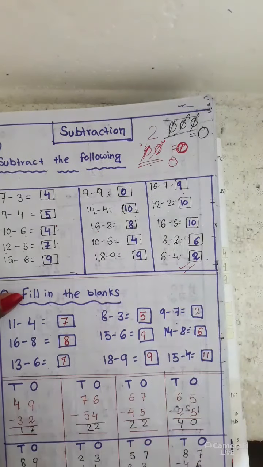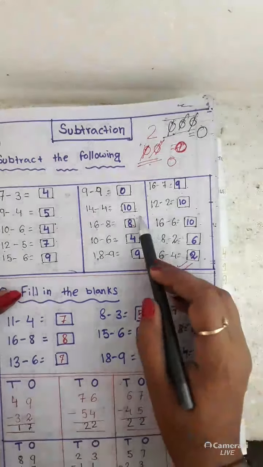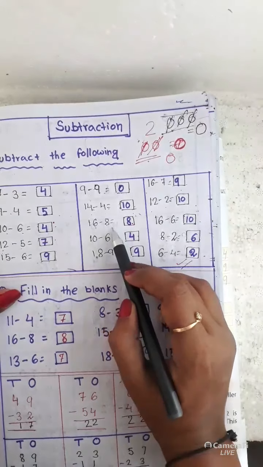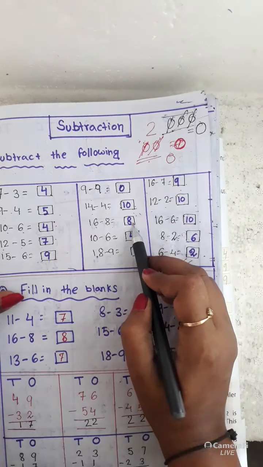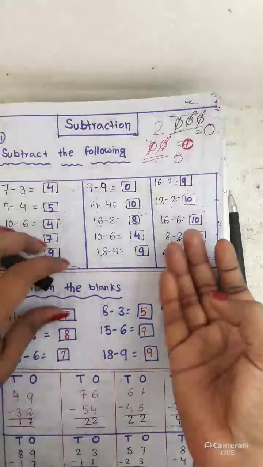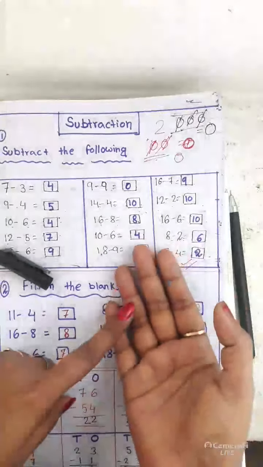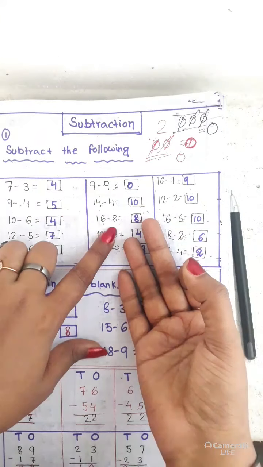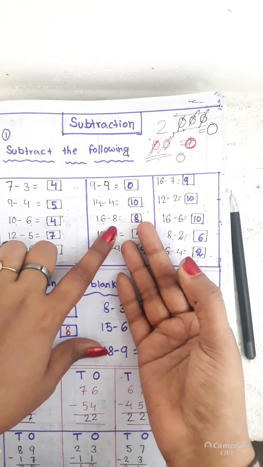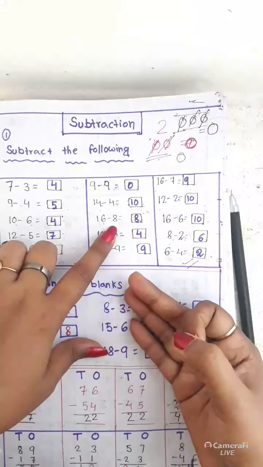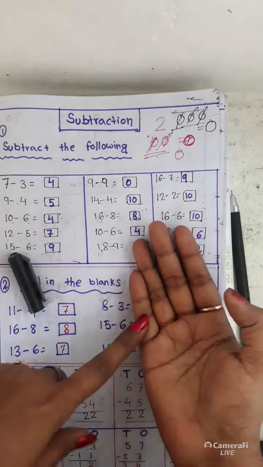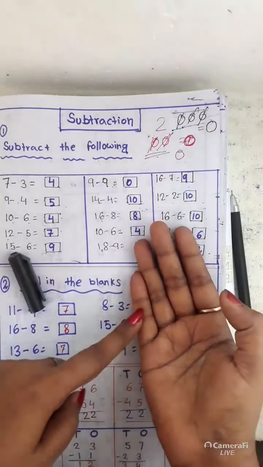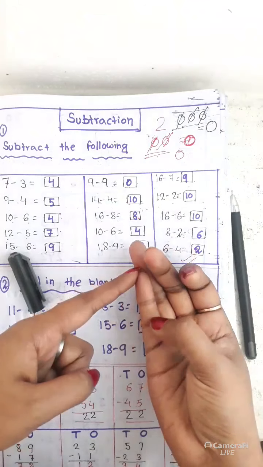14 minus 4 is 10. 16 minus 8 is 8. If we want to do it with our fingers, we can also do that. 16 means 16, and I told you that we need to move backward. When we add, like 2 plus 2, we count 1, 2, then 1, 2, which means 1, 2, 3, 4.